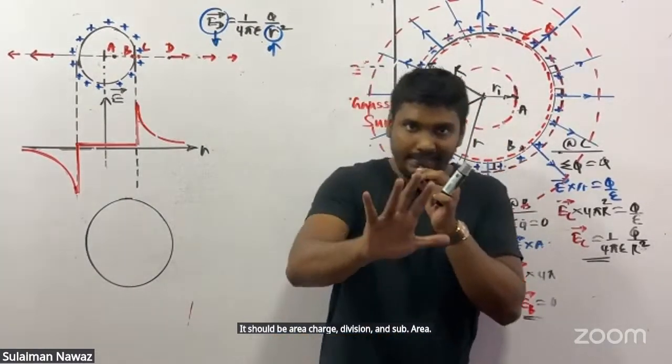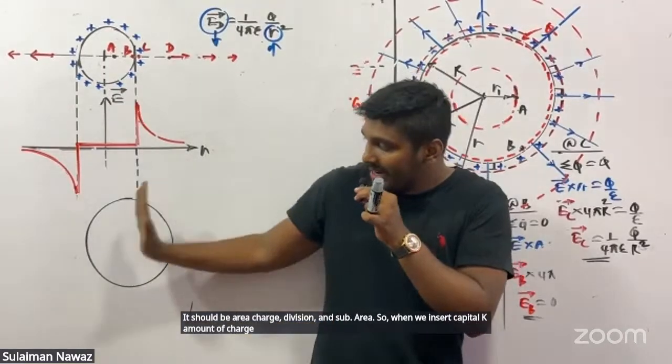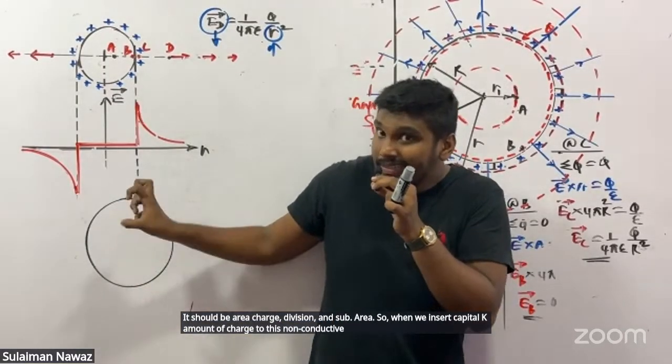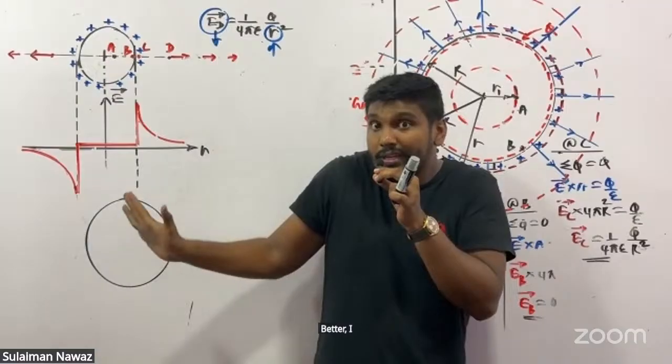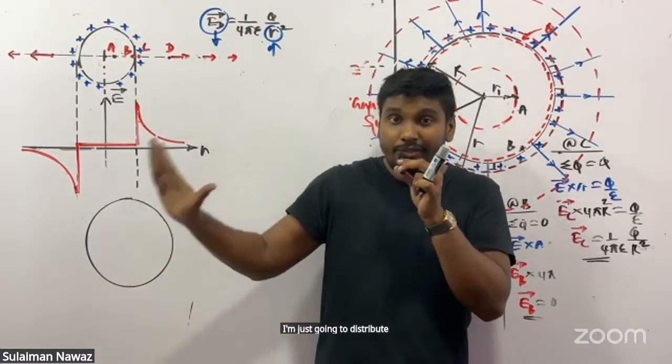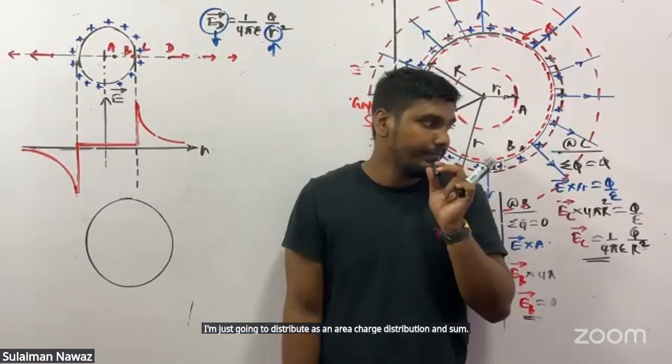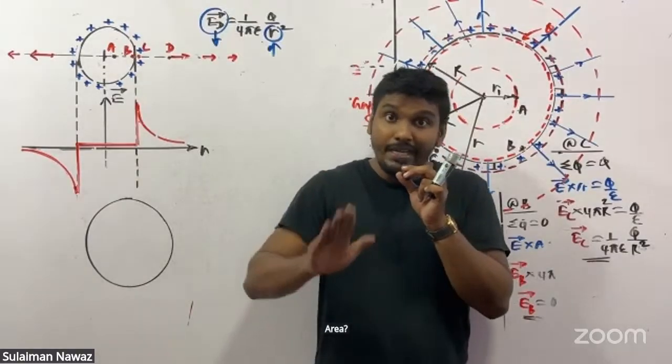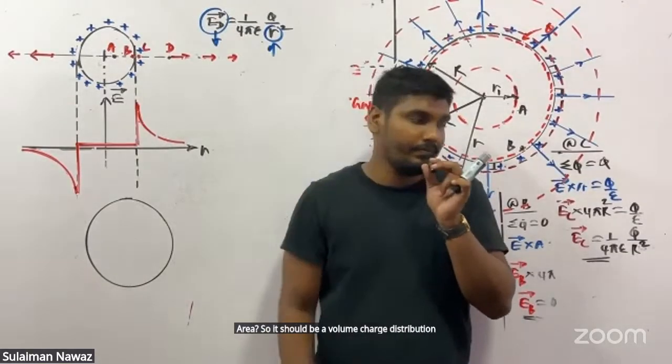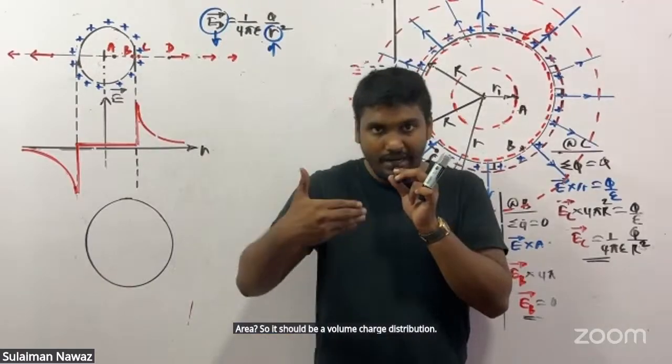So when we insert capital Q amount of charge into this non-conductive solid sphere, the charge is going to distribute as an area charge distribution? Area? So it should be a volume charge distribution. Why?